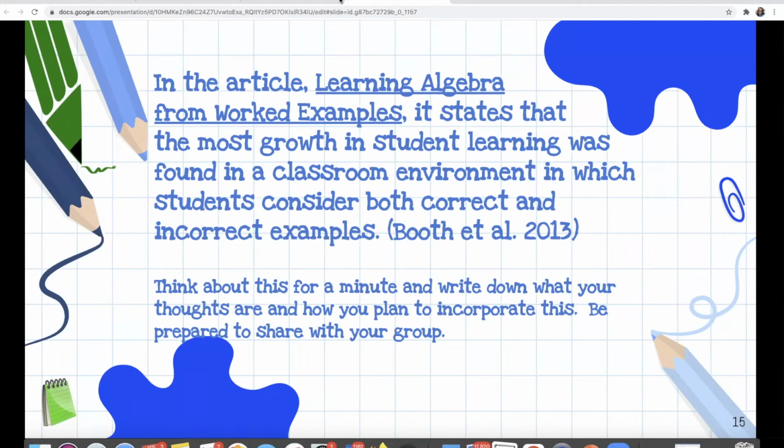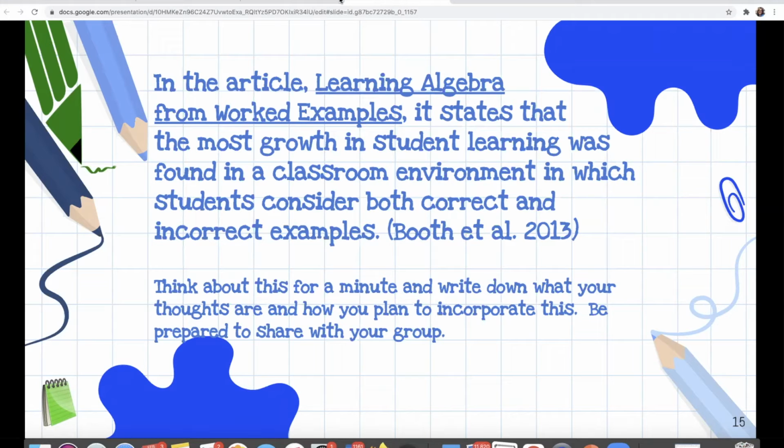Right. And when you mention reasoning, using those incorrect examples really fosters thinking about why. Why is that wrong? What did they do wrong? How could they have corrected that, or how could they have done that differently to get it right? We call them non-examples in our primary world, but using those incorrect ones is very powerful.